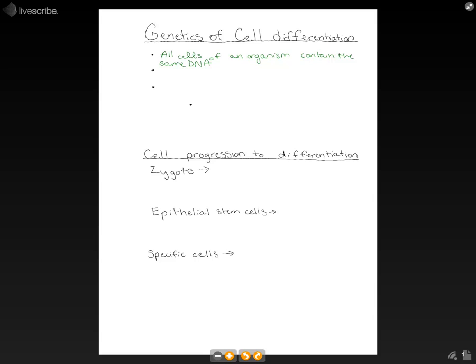However, even though all cells have the same DNA, we also know that all cells do not look or act the same. And this is because through the development, cells become specialized.